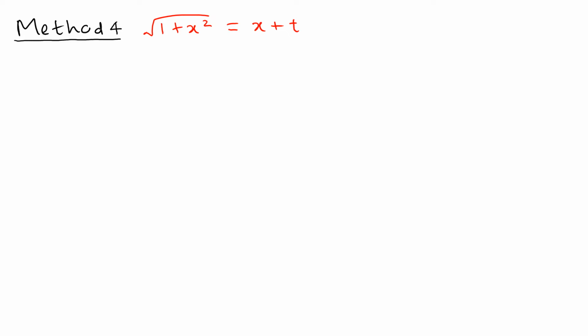You're going to get 1 plus x squared on this side. The other side you get x plus t squared, which is equal to x squared plus 2xt plus t squared, and you can see that x squared gets cancelled. Actually, that's the whole point here. That term gets cancelled and you get a new substitution without the x squared term.